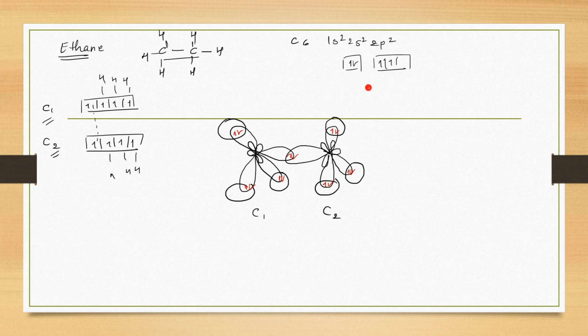Now let's see. This is sp3 s. So all C-H are sp3 s. How many are there? C-H bonds, 6 C-H bonds. And there is one carbon-carbon. So this overlap is an sp3 sp3 overlap. Okay, each carbon has tetrahedral geometry.